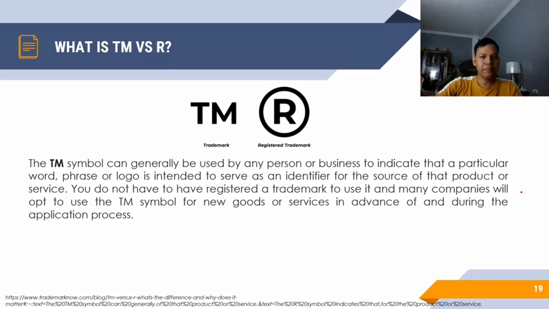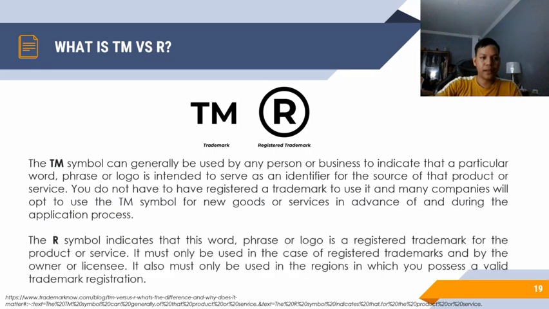So while the company is in the application process for their new products, they will use this TM or trademark. Okay, and the registered mark is a symbol that indicates that this word, phrase, or logo is a registered trademark for the product or service.